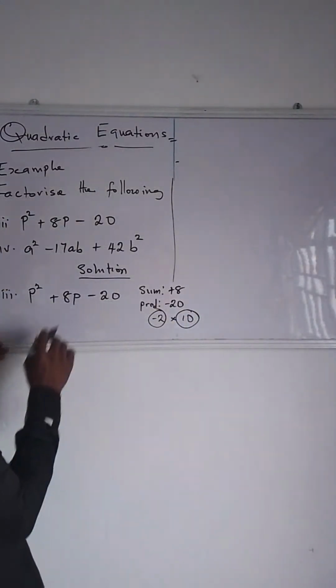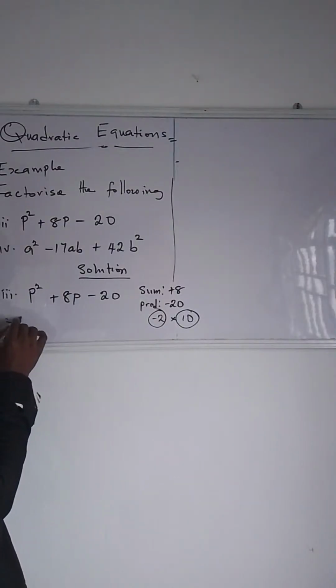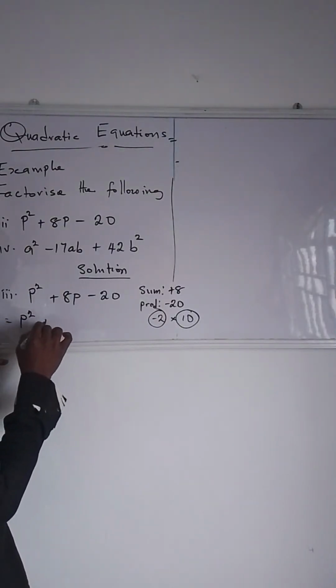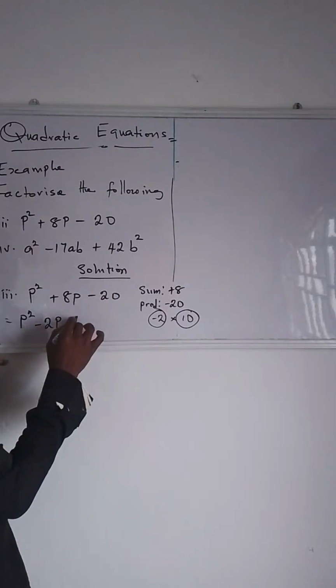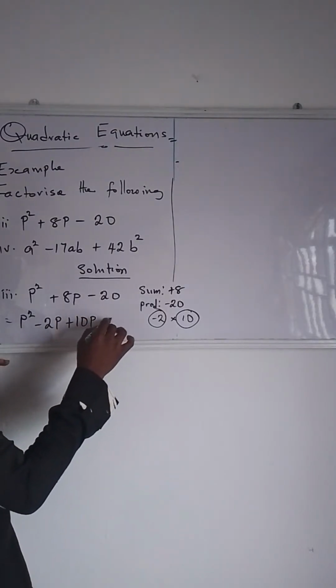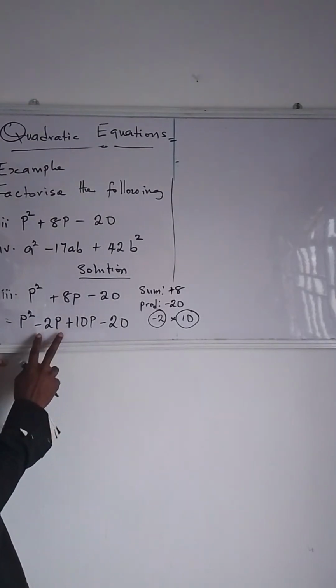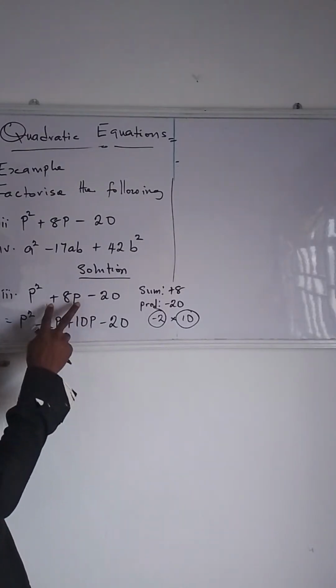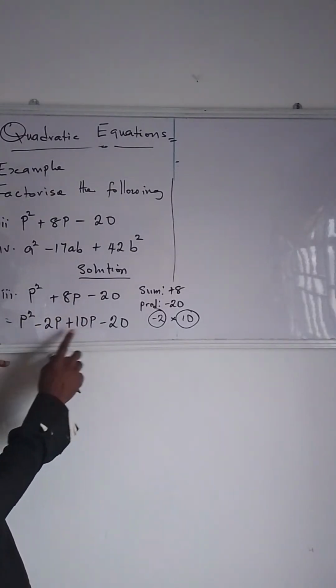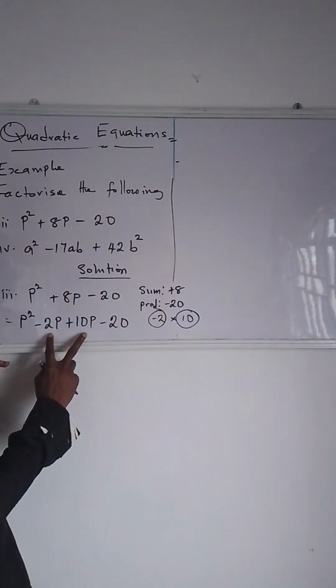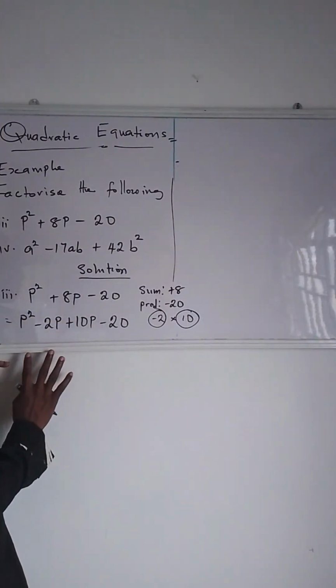So now you have p squared minus 2p plus 10p minus 20. You will see that when you add this and this together, it's going to give you 8p. So you must always confirm to be sure that you have not altered the expression.